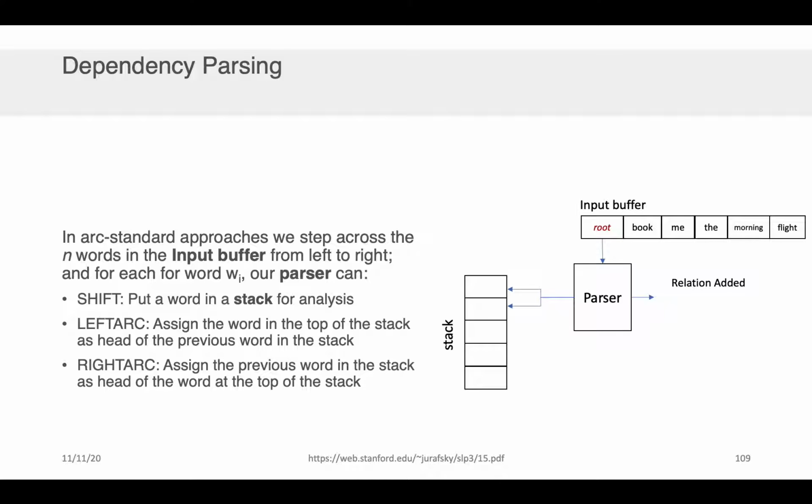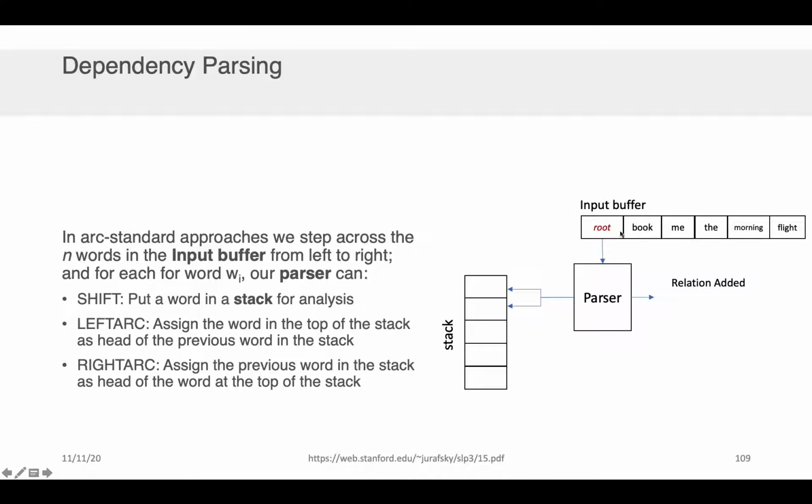Okay, now when we speak about the transition-based approaches to developing the dependency structure, there is what's called the arc standard approach to solving the problem. And what we do here is we step across n words in a sentence that we're interested in generating a dependency relationship between, from left to right.